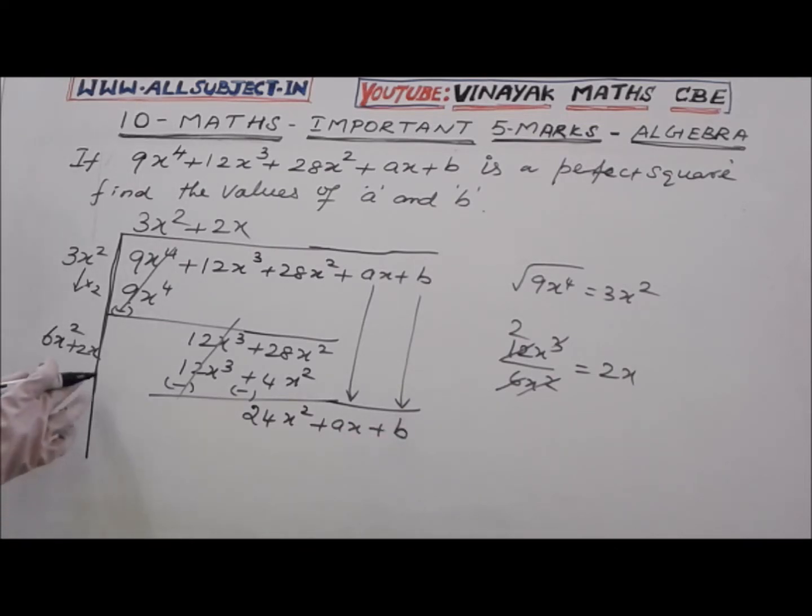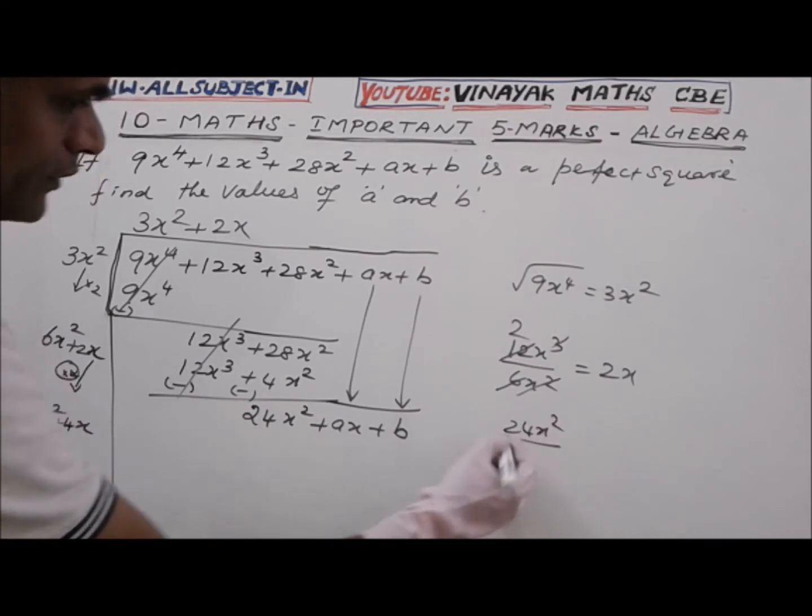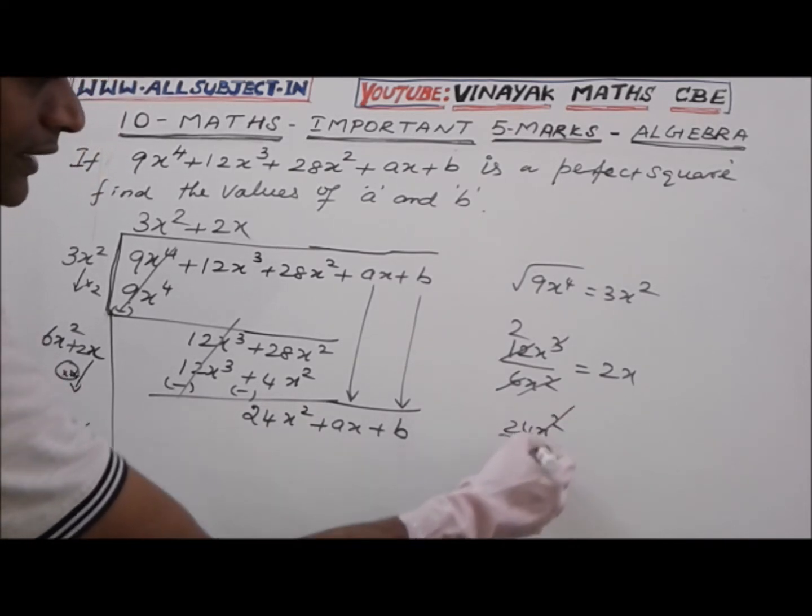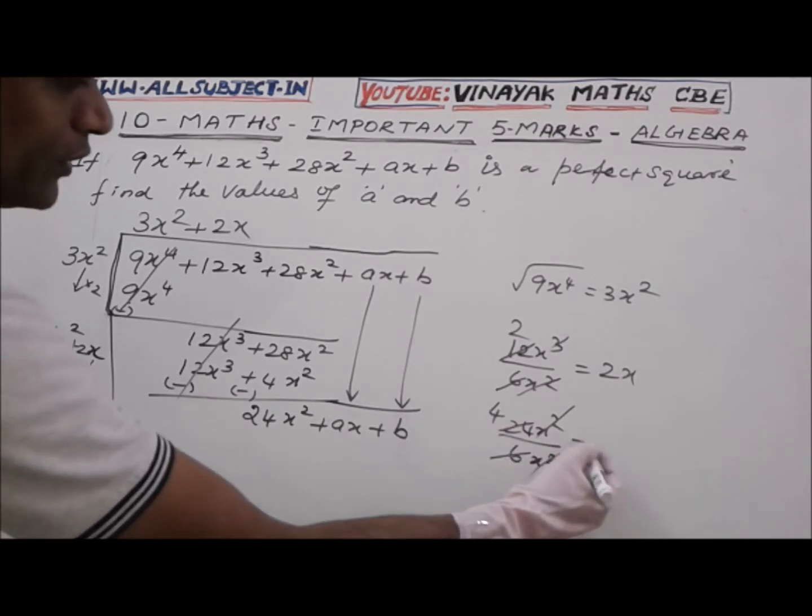Now 6x square, multiplying the second term by 2, here we have 2x, multiply it by 2, 4x, 6x square written as it is, so the term becomes 6x square plus 4x. Dividing the first term by the first term, 24x square divided by 6x square, we can cancel these two. 6 into 4 is 24, equal to 4.